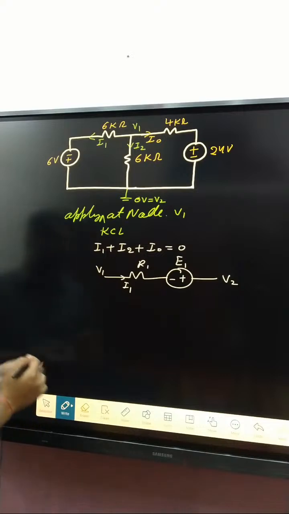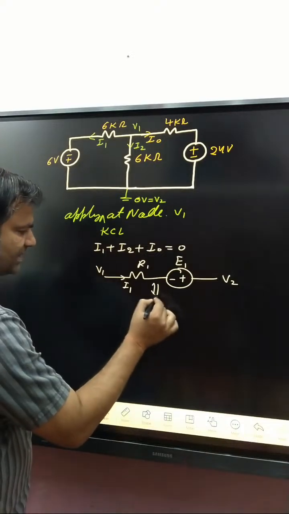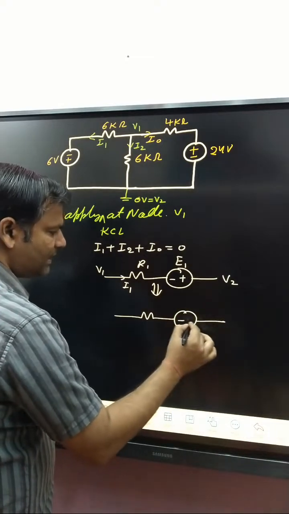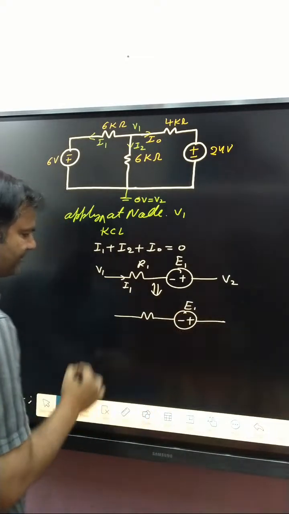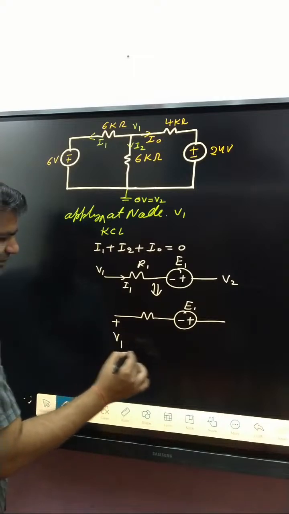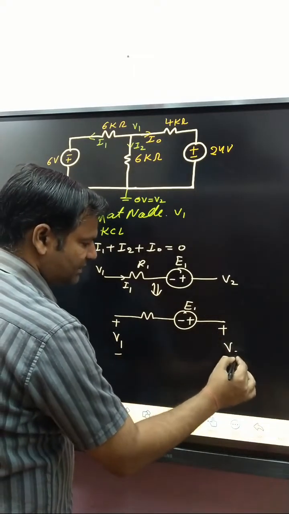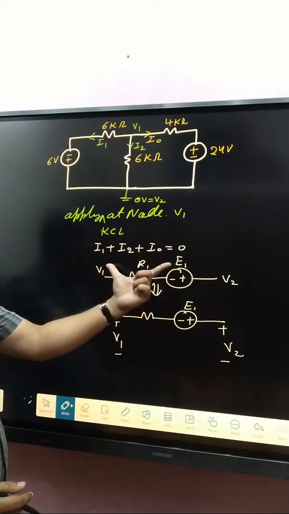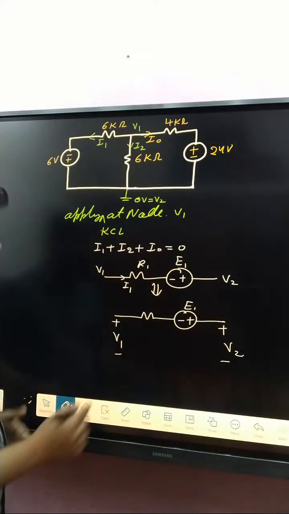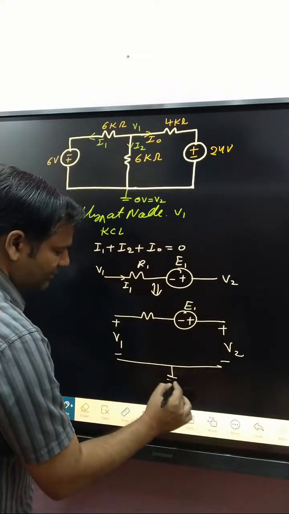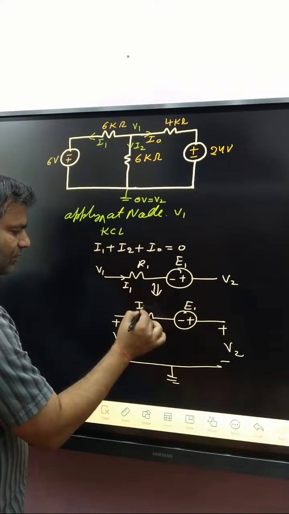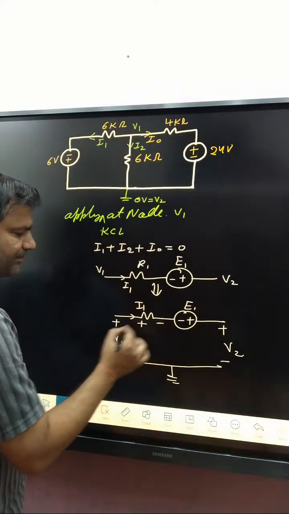If a circuit is represented like this, with E1 minus here and plus here, V1 here and V2 there, each node voltage is with respect to ground. The current direction goes here, so plus here and minus there.